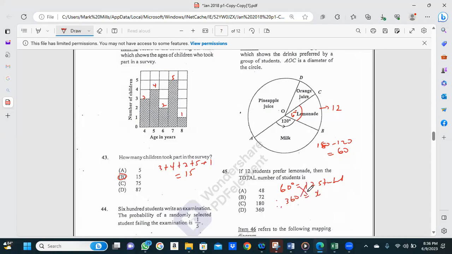Then we cross multiply because this is direct proportion. 60x is equal to 12 times 360. So x is equal to 12 times 360 over 60.